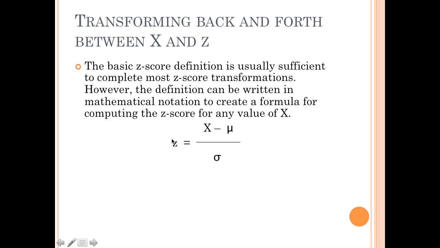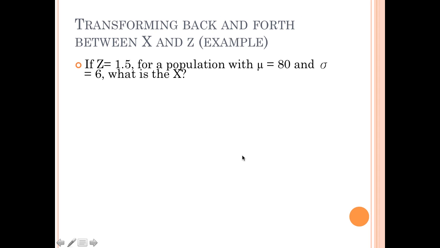So you would take your z-score, multiply it by your standard deviation, and then add your mean, mu, to the other side. So I took 1.5 times 6, our standard deviation, and then added our mean to it. And so a z-score of 1.5 corresponds to a raw score of 89.